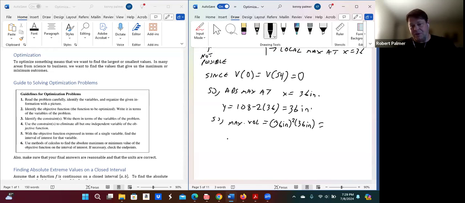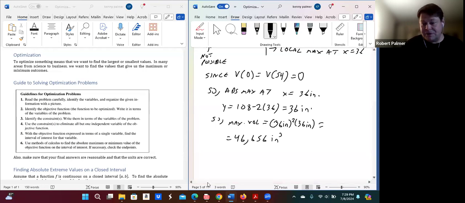And that's going to be 46,656 inches. Now, think about our units here. We're squaring inches multiplied by inches again. That's inches cubed, and volume is always units of length cubed. So that's our maximum volume. So the x and y values that give us our maximum are when x and y are both 36 inches, and the maximum volume is this.